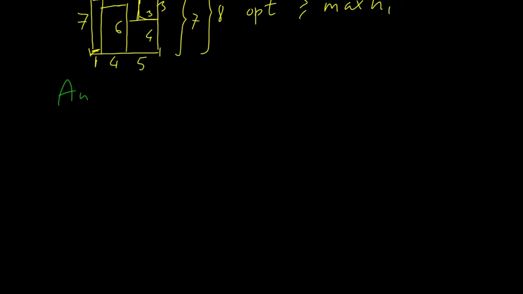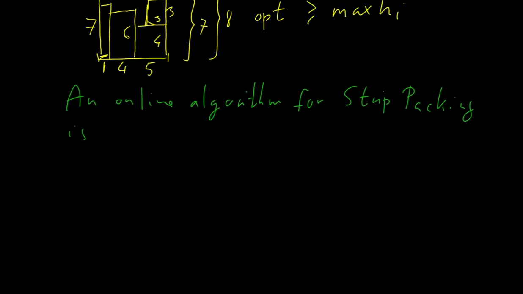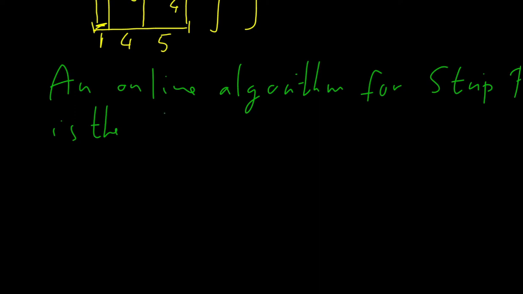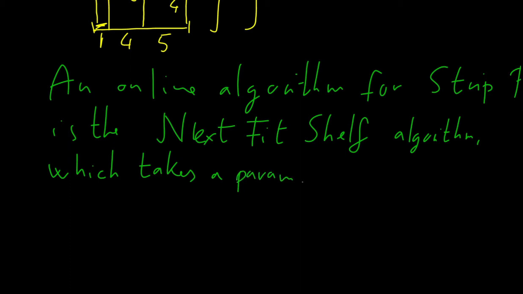An online algorithm for strip packing is the so-called next fit shelf algorithm, which takes a parameter r somewhere between 0 and 1.